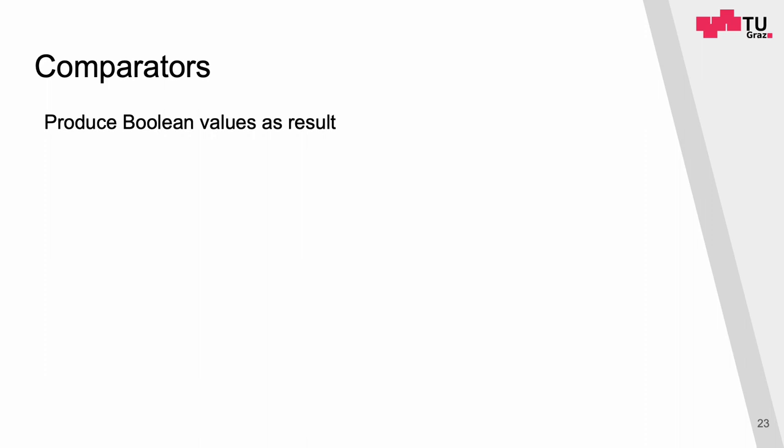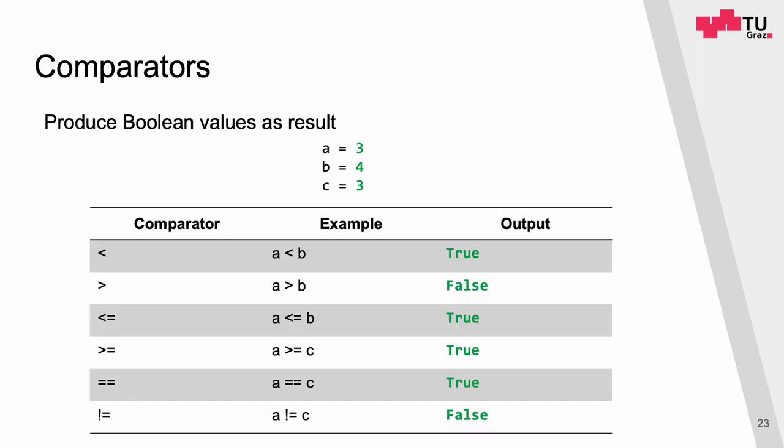Now we dive into comparators, which are used to compare values between variables, and as a result, they produce Boolean values. So again, we have our 3 variables, a, b, and c. And here you can see the list of available comparators in Python.